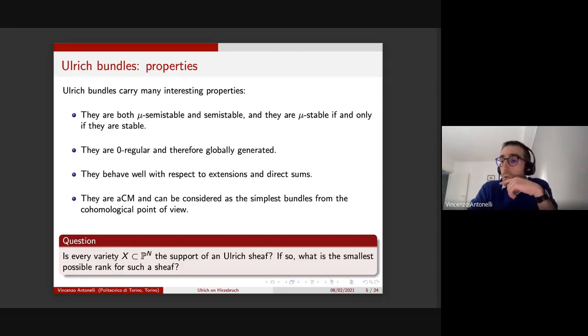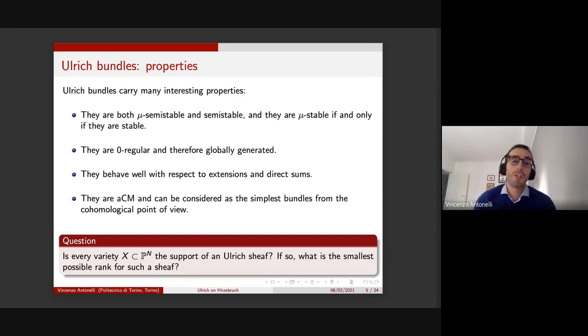And also, you have some results in higher dimension, and for some particular kinds of varieties like hypersurfaces of P^N. So a hypersurface in P^N supports Ulrich bundles, but it's really hard to understand which is the smallest possible rank. So in that case, the hard part of these questions is the second one.